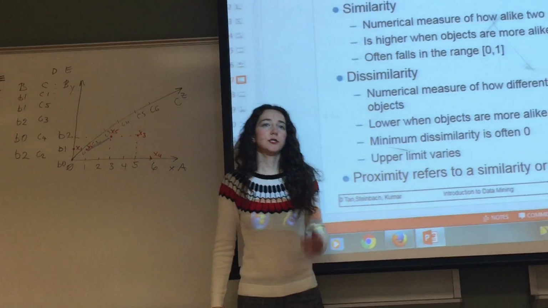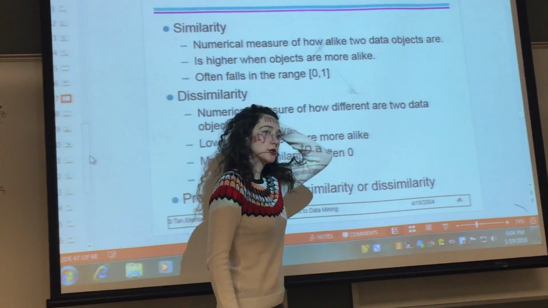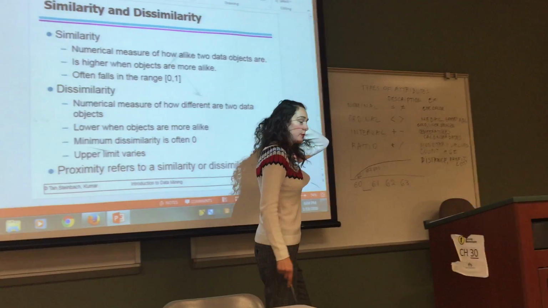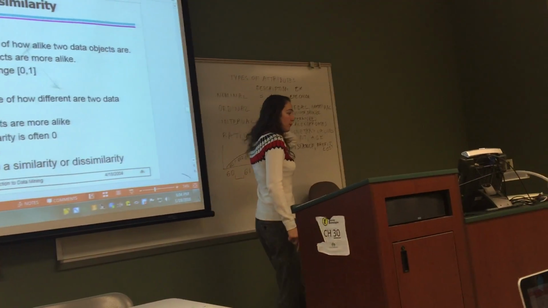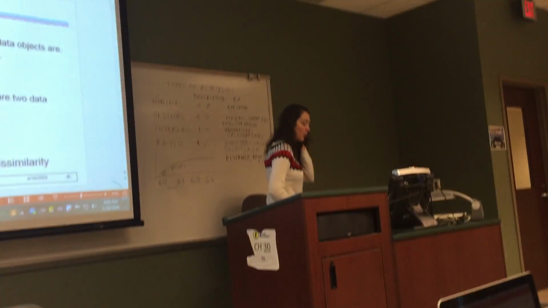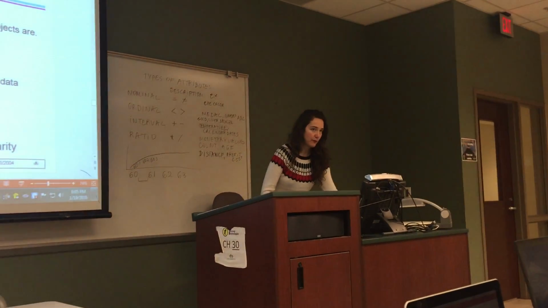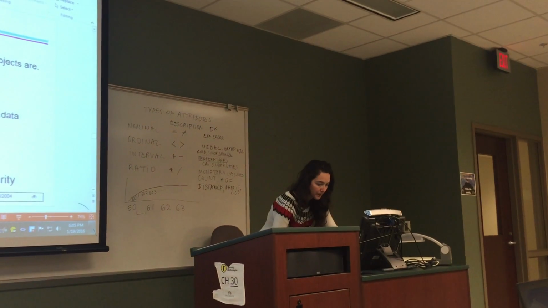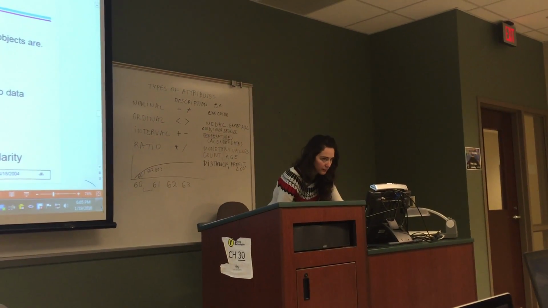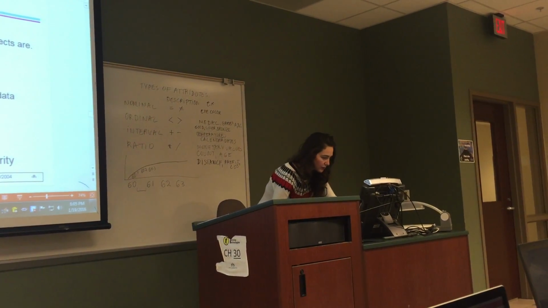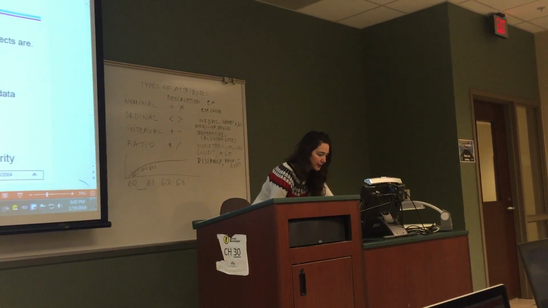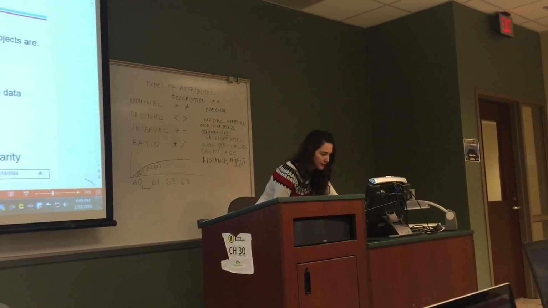So we have a way to determine how similar objects are to each other based on their values, but also based on where they are when we plot them. What is their distance from the rest of the objects? We have some formulas that we can use to calculate the distance.